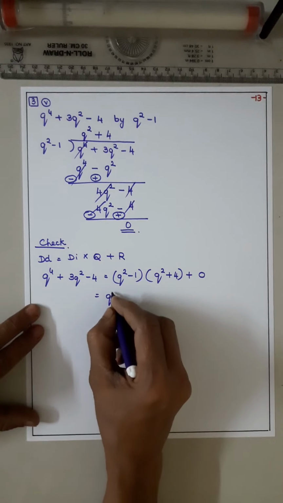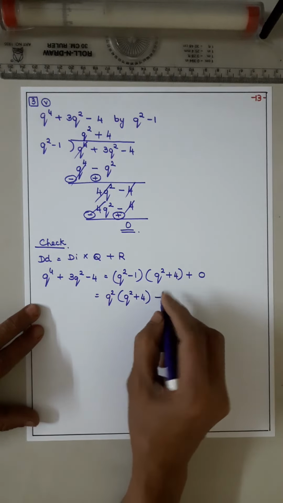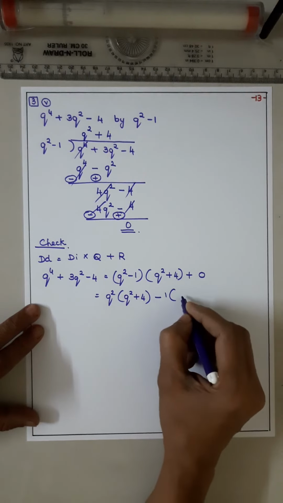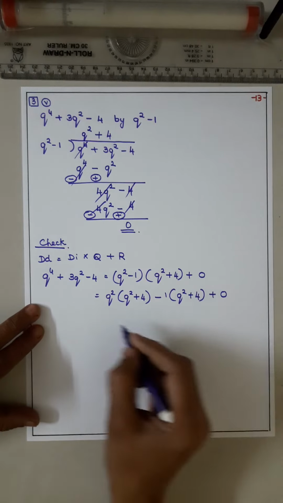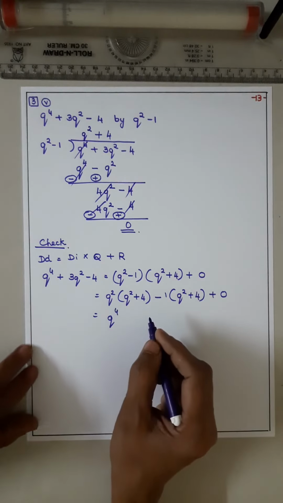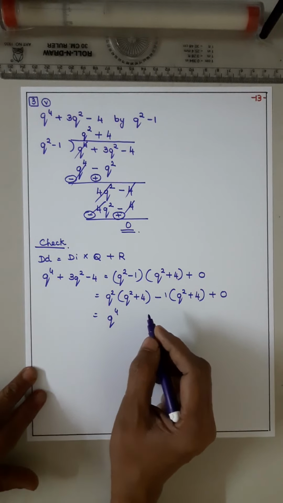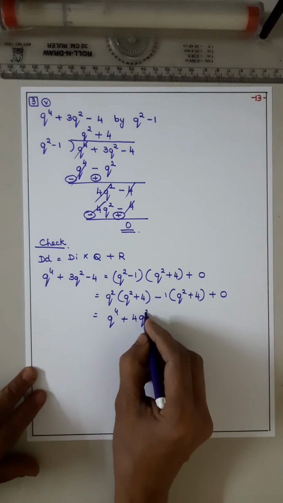Now q squared plus 4 minus 1, again q squared plus 4 plus 0. q squared times q squared, q to the power 4. When you multiply, add the powers. This one became plus 4q squared.